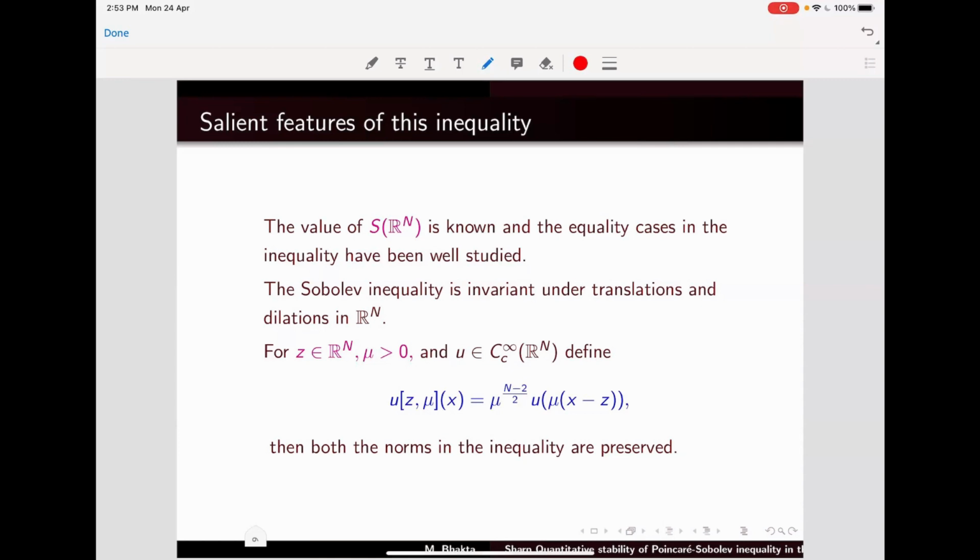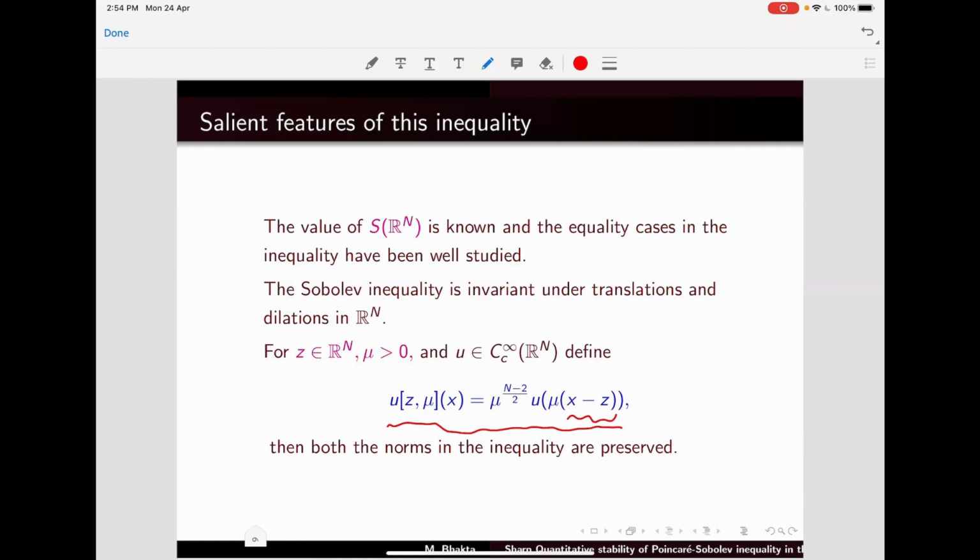Then if you change u by scaling, by dilation and translation, the equality will again hold, because the norms will not change. So the Sobolev inequality is invariant under these conformal changes.